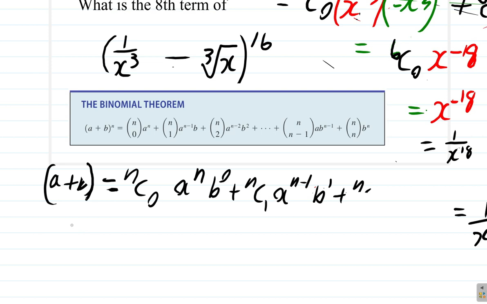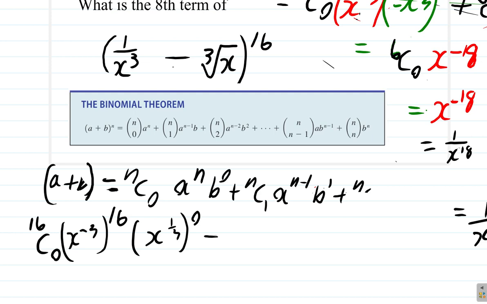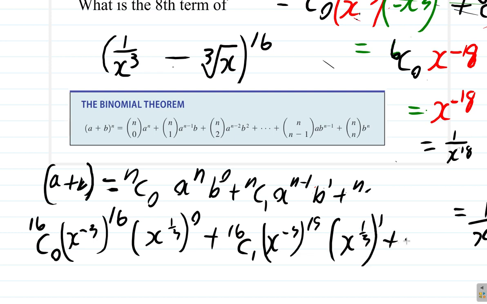Now the first term would be 16 C 0, x to the negative 3 raised to the power of 16, then x to the 1/3 raised to the power of 0, plus the second term would be 16 C 1, x to the negative 3 to the power of 15, then you would have x to the 1/3 to the power of 1, plus, and so on and so forth.